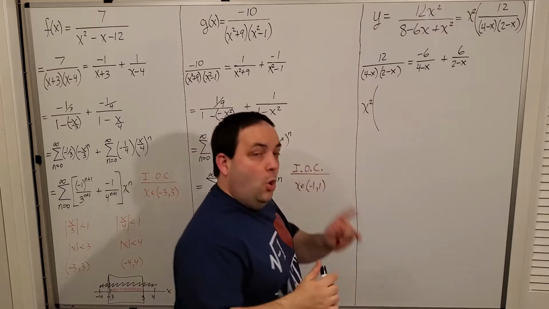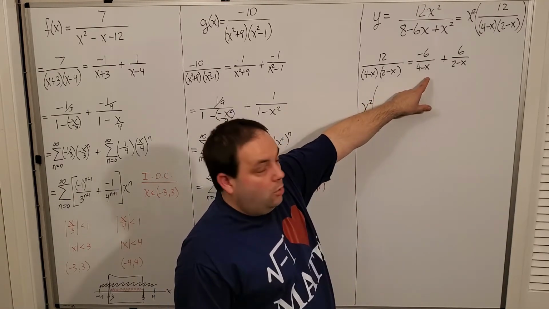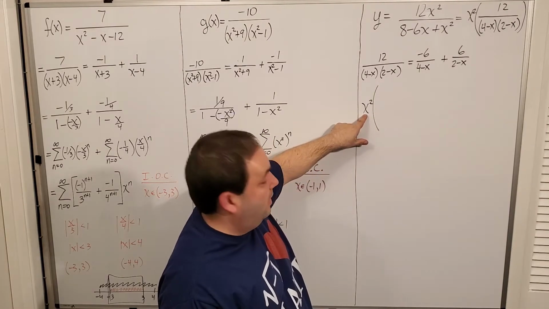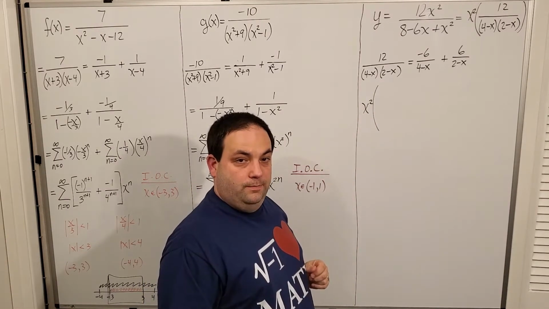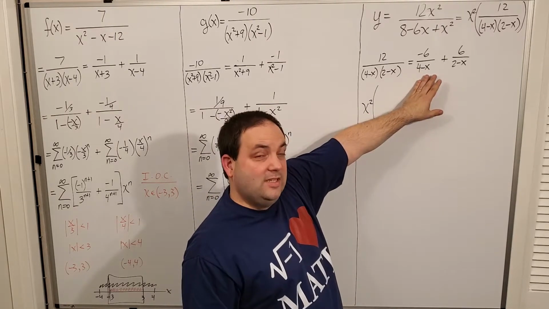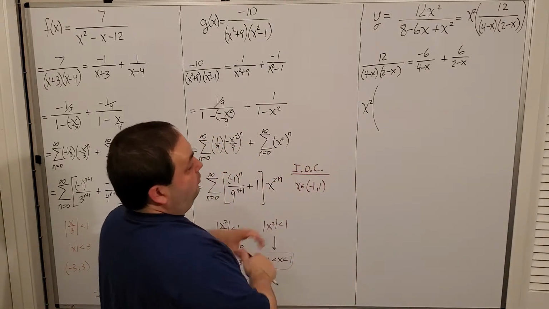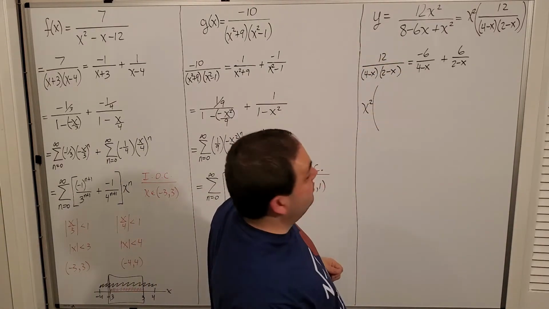Now, I don't want to change the center. If I change the center away from 0, then this piece right here, the x squared, is going to be off center, because I don't have x minus or plus anything here. I'm going to keep these things centered at 0. I don't want to shift it away from that without doing something else more complicated with that x squared.